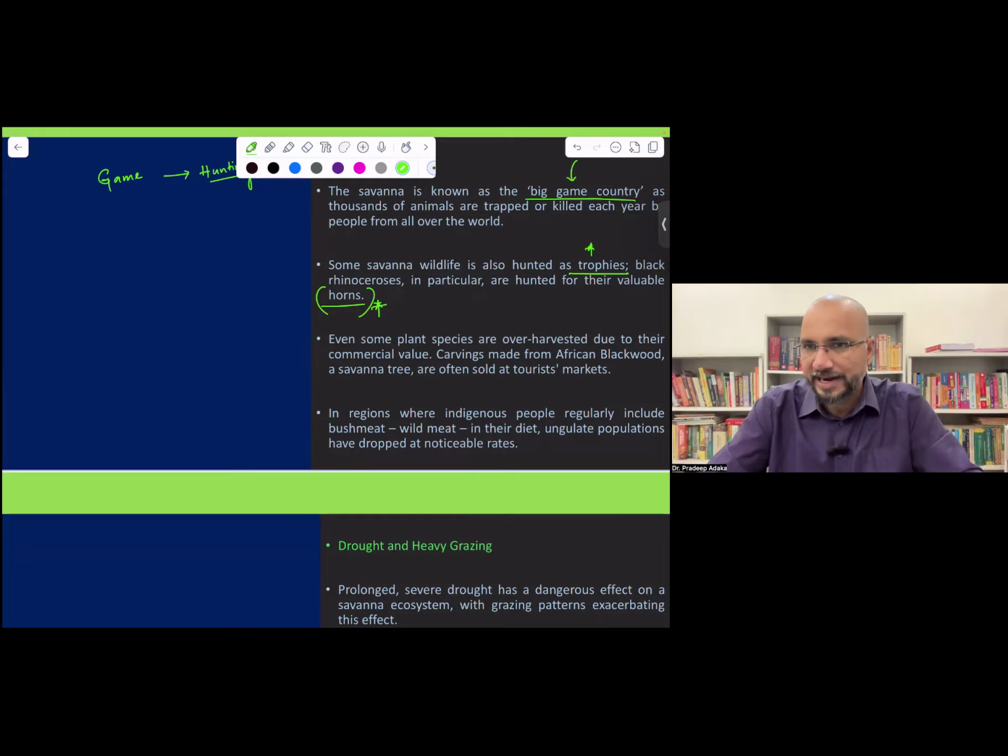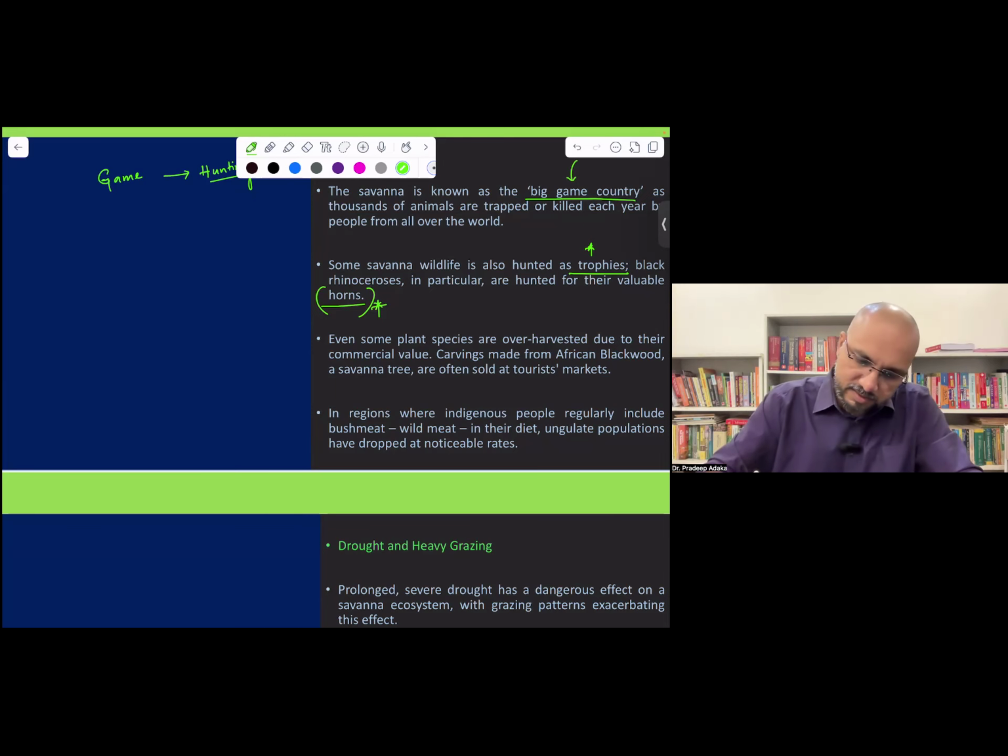It is not a horn like that you see in cattle. They are hunted for these horns, and they are exported, mainly to China, because they are believed to be used in traditional Chinese medicine.